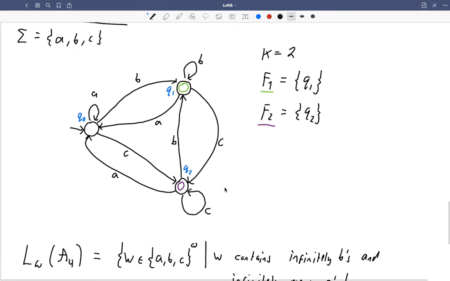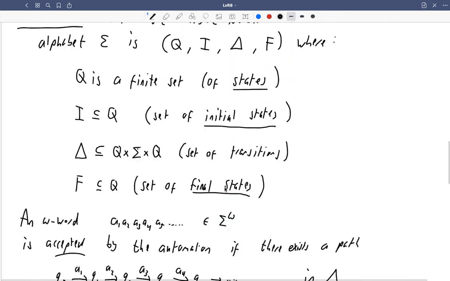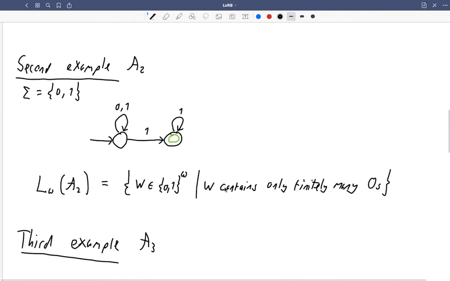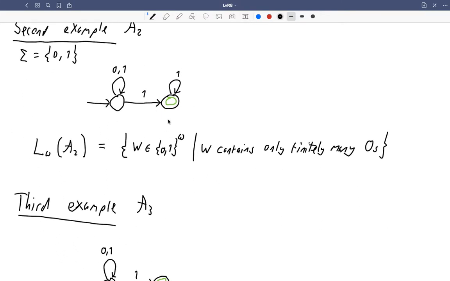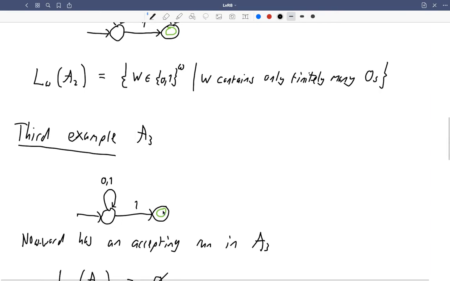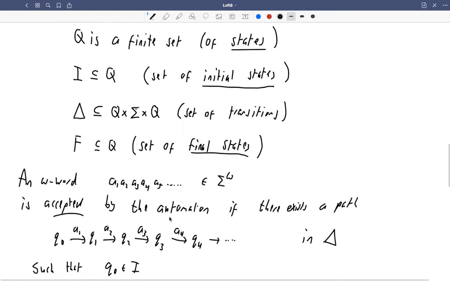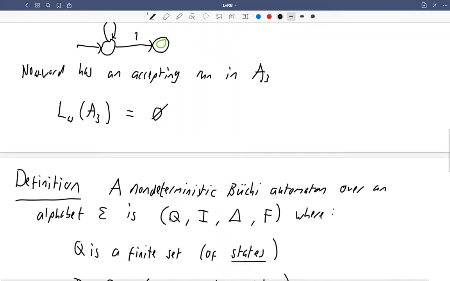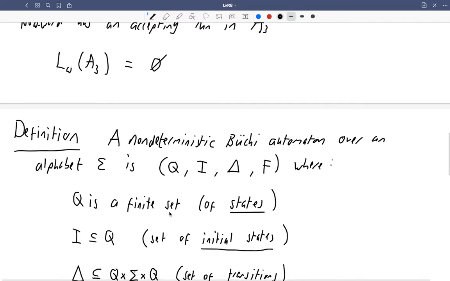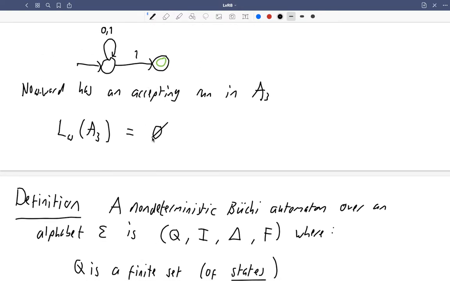So far we've met Büchi automata, which have these graphs with these initial states and accepting states, and they define a so-called omega language of infinite words. This one defined the empty language.